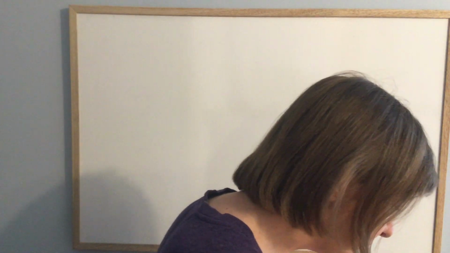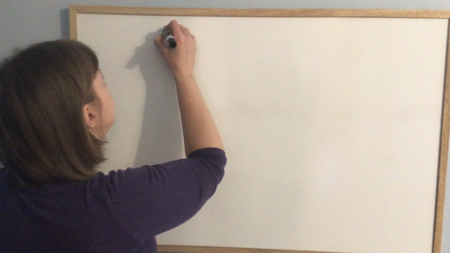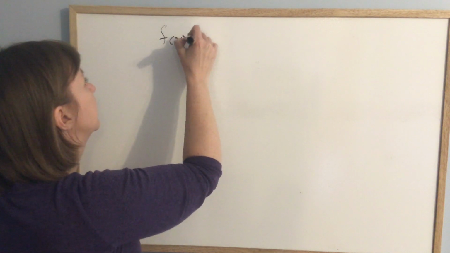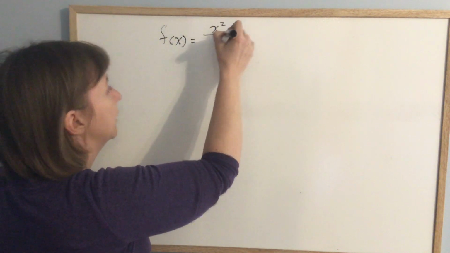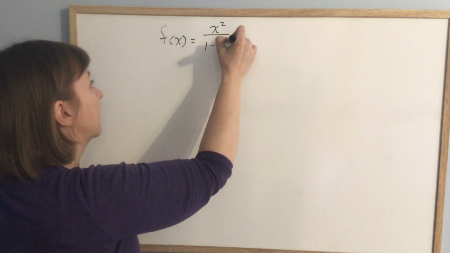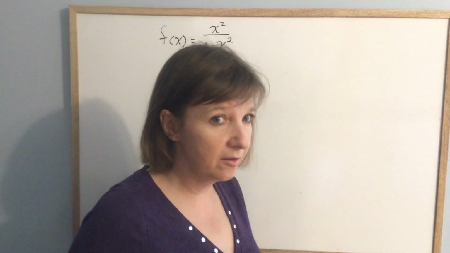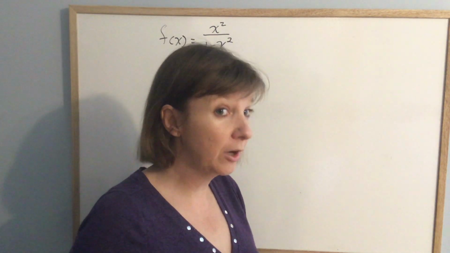I'm sorry. Example 2. Sketch the graph of the function f of x is x squared over 1 minus x squared. So this one is a fraction.